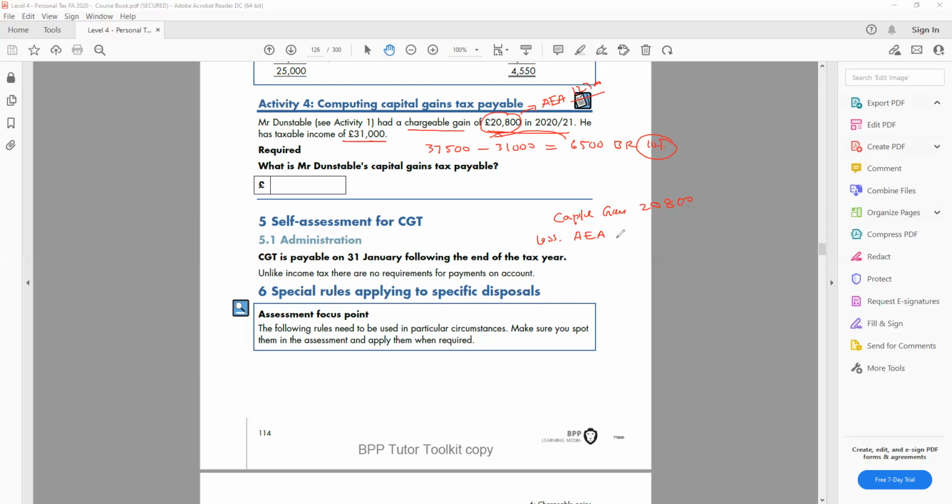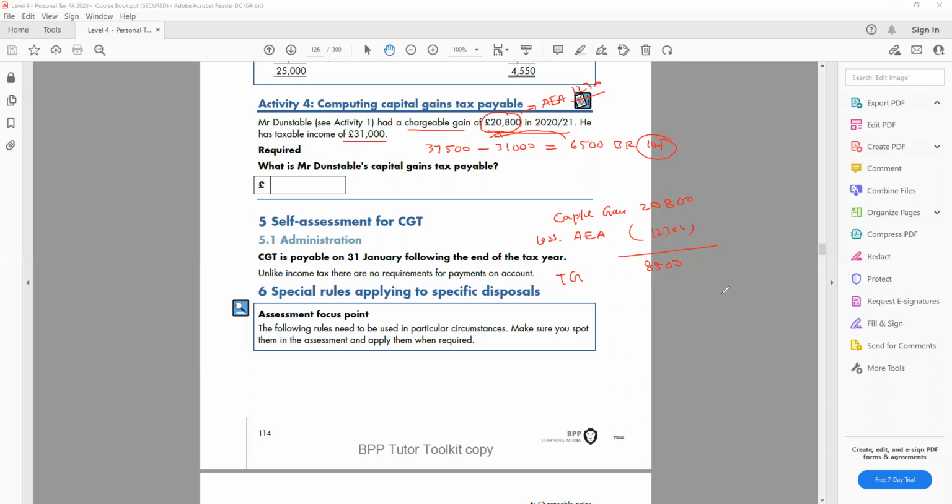So I'll take away the annual exemption amount, that is 12,300. And that will give us the taxable gain, the gain we have to pay tax on, that is 8,500. From here, we have to see how much tax we're going to pay on 8,500.